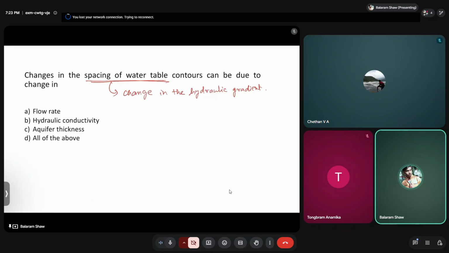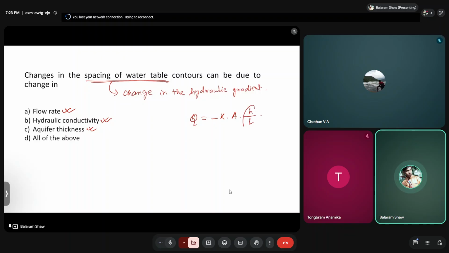So if the flow rate changes, then obviously the hydraulic gradient will change, and hence the spacing of the water table contours will change. If hydraulic conductivity changes, the hydraulic gradient will also change. And if the aquifer thickness changes, because from Darcy's law we can write Q equals minus K into A into dh by dl, right?